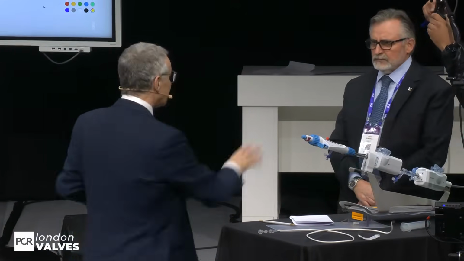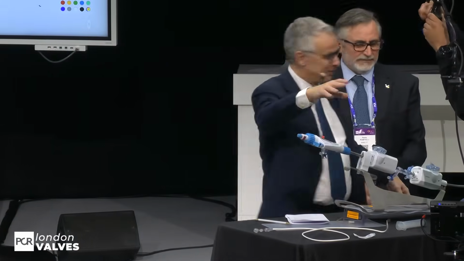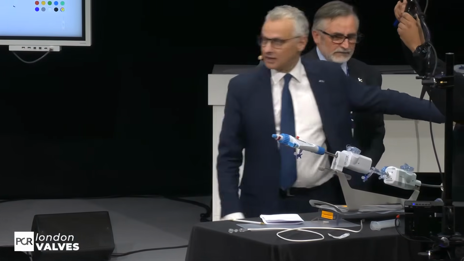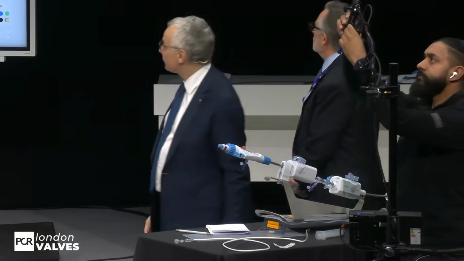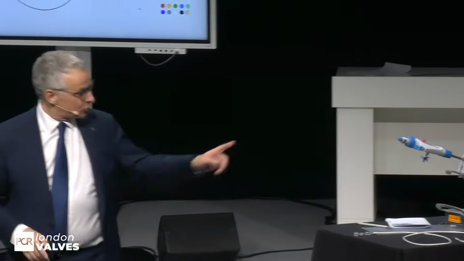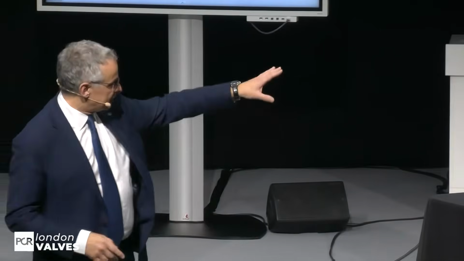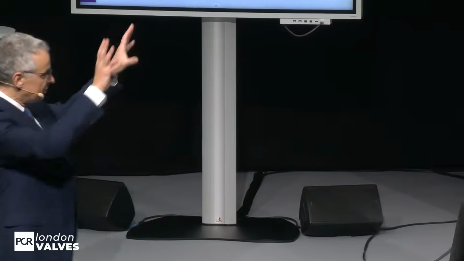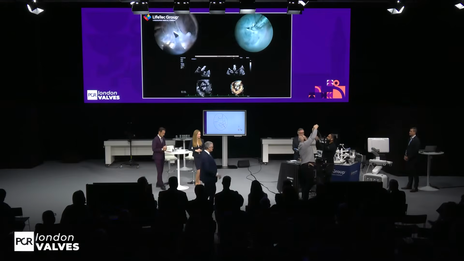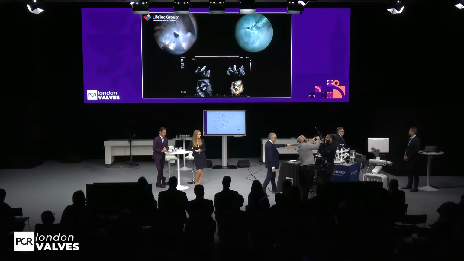So can we show now the screen from the LifeTech? What we see in the LifeTech simulator looks like a robotic device. There is a heart pumped inside in the middle.